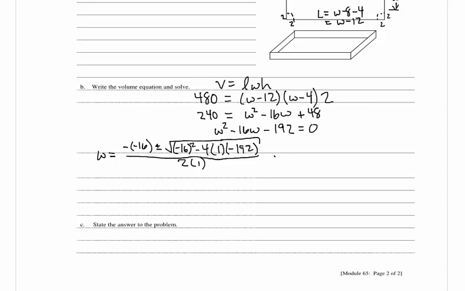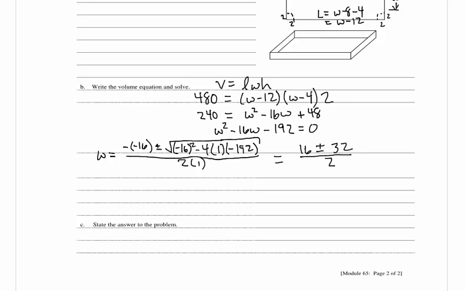And this is equal to 16 plus or minus the square root of negative 16 squared minus 4 times 1 times negative 192, which is 32, divided by 2 times 1, which is 2.